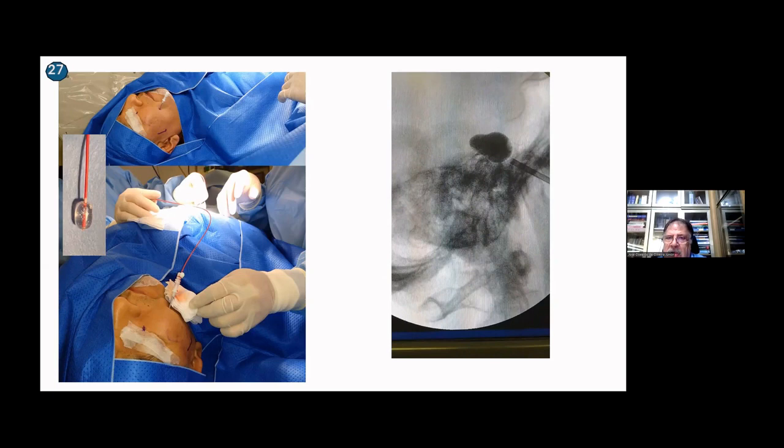We see a short video with one microcompression of the trigeminal ganglion.